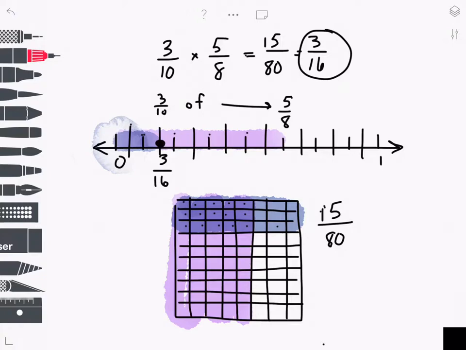So I segmented this rectangle into eighths and then tenths for 80 total squares. And I can simplify, again, 15/80ths to 3/16ths.